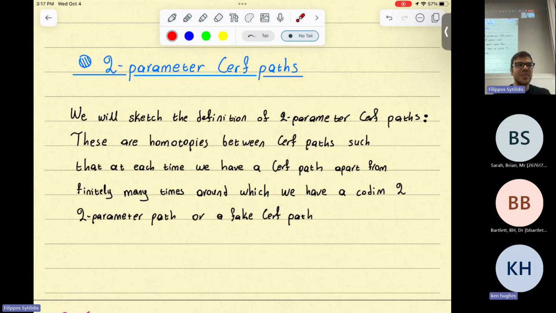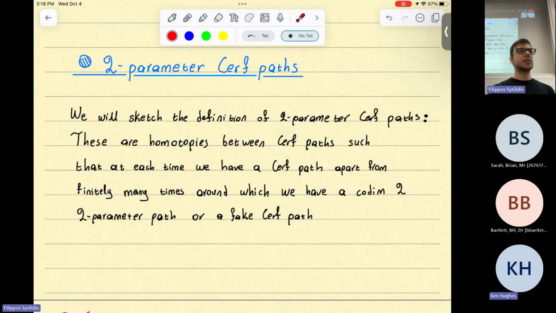The thing is that when we defined Cerf paths, there were basically two things that we had to worry about. One thing was what the codimension 1 strata looked like. But then we didn't just say that Cerf paths are paths in F0 union F1.